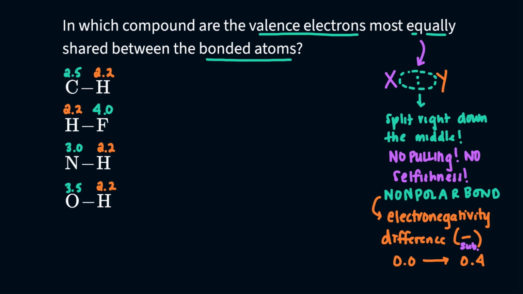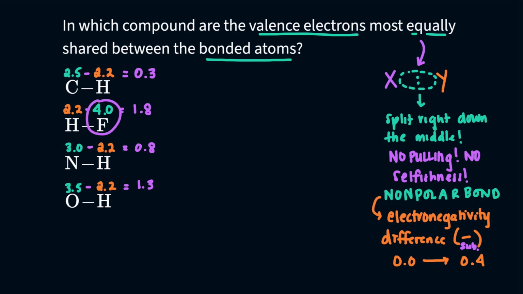So if we do take these guys and subtract them, we get 0.3. If we subtract these and make it positive, what is this, 1.8? If we subtract these, we get 0.8. And if we subtract these, we get what? We got a 0.8. And then, what is that? 1.3? Okay.